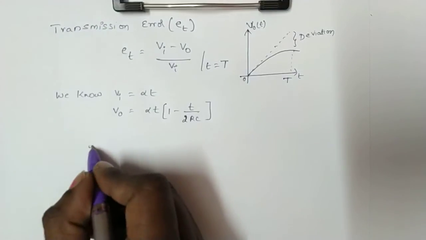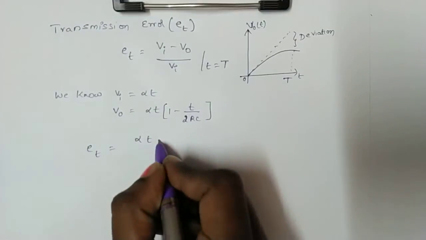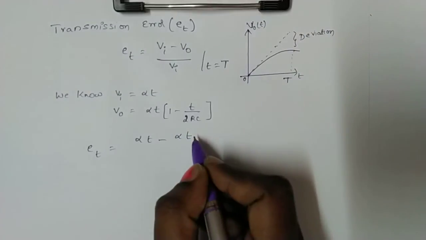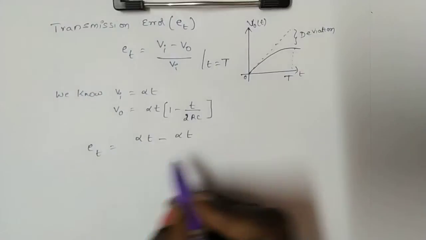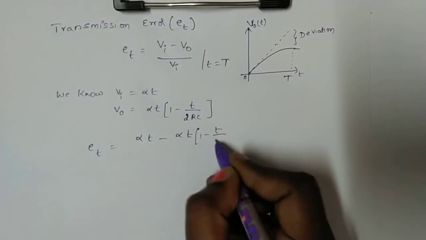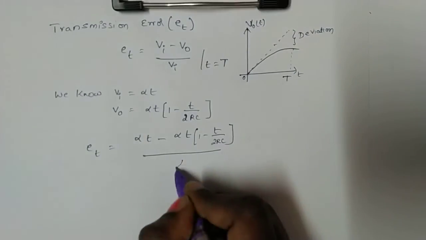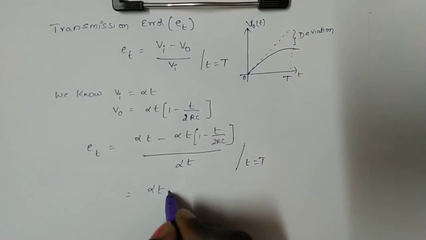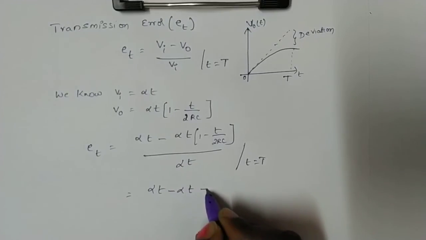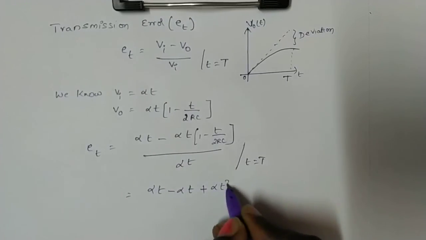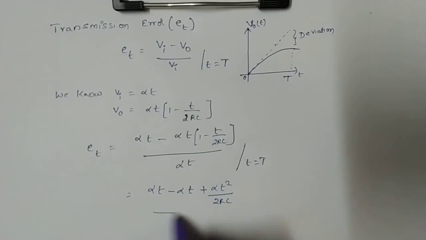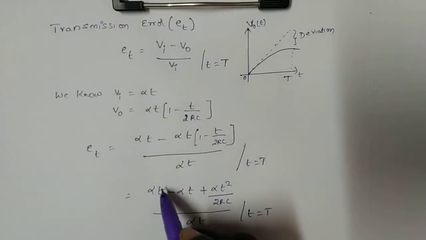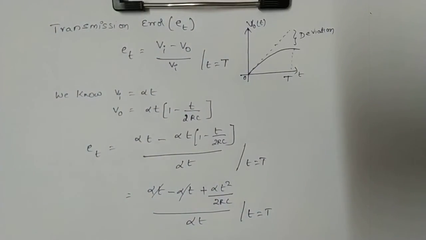Then we will get ET equal to alpha t minus alpha t into 1 minus t by 2 RC, by alpha t at t equal to T. Now simplify this one: alpha t minus alpha t plus alpha t square by 2 RC, by alpha t at t equal to T. The alpha t and minus alpha t get cancelled.